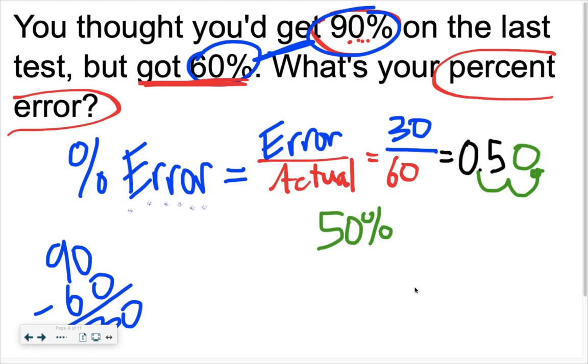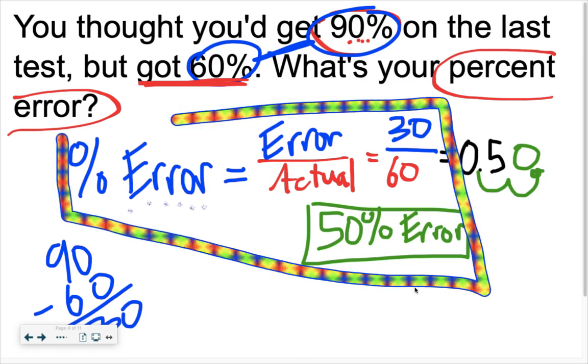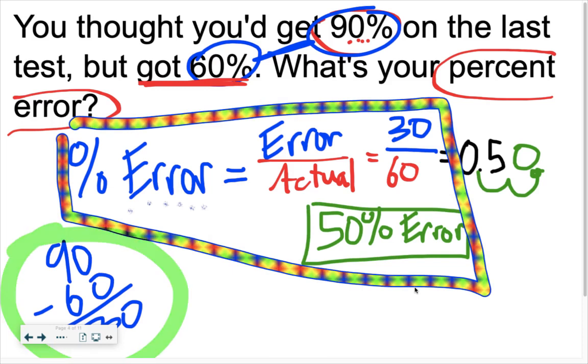But let's add in one word today since it's a percent error. They ask, what was your percent error? Well, it's a 50% error. Again, on every problem, I need to see this. If you want to show the work of finding the error on the side, great. If you want to write down the decimal, I recommend that and move it, but I don't need it.